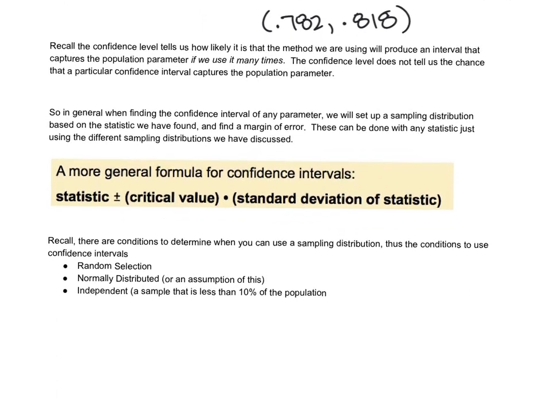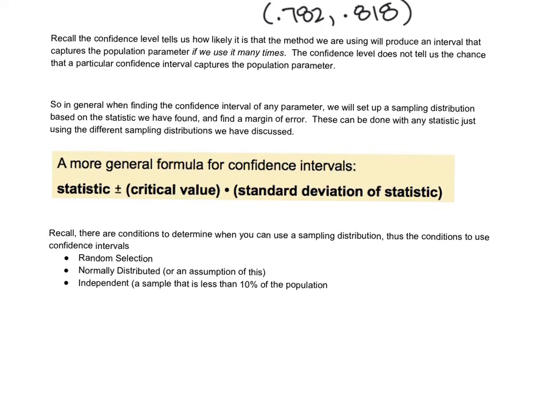So just to recap, there are conditions when we use a sampling distribution, so we also have to keep those conditions for a confidence interval. We have to have random selection, it has to be normally distributed or an assumption already, and it has to be independent, so a sample that is less than 10% of the population. Let me know if you have any questions.